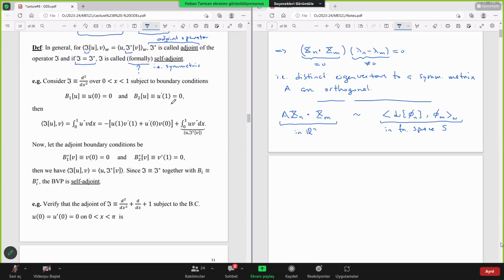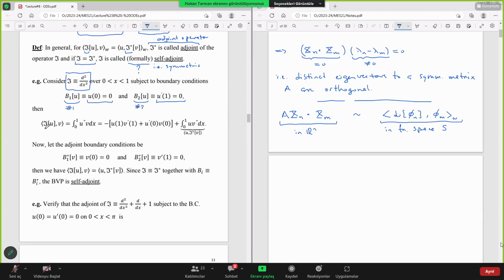But if you consider the boundary conditions as well, let me give you an example here. I think it's best if I explain this with an example. Take this operator, a simple operator. It's nothing to do with SL, right? Well, it is something to do with SL, but we don't need to know that yet. And these are the boundary conditions. Boundary condition number 1, and that's boundary condition number 2, okay?